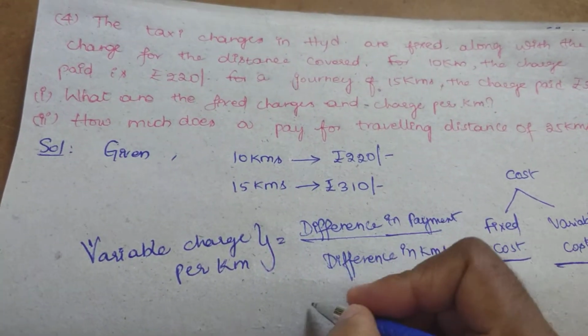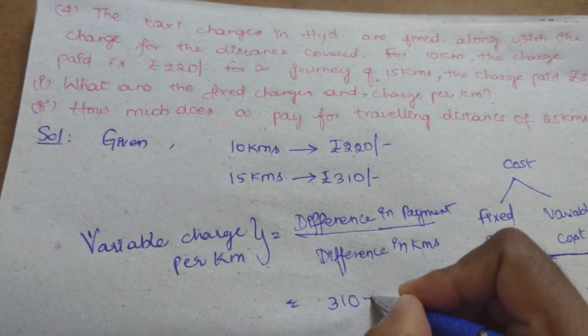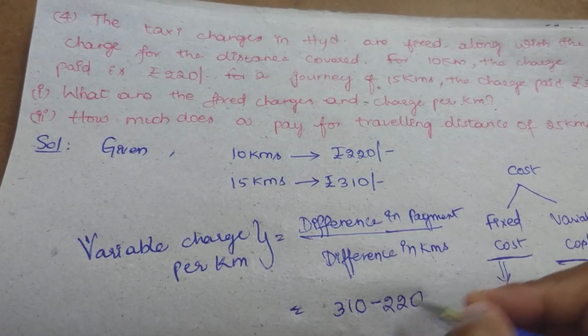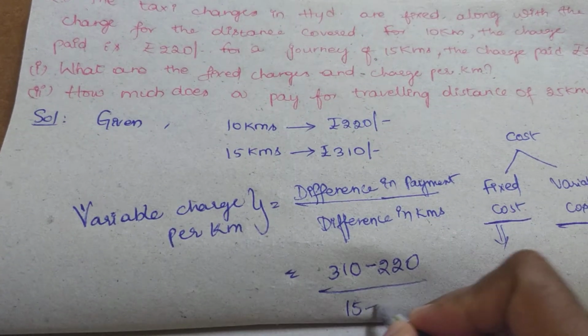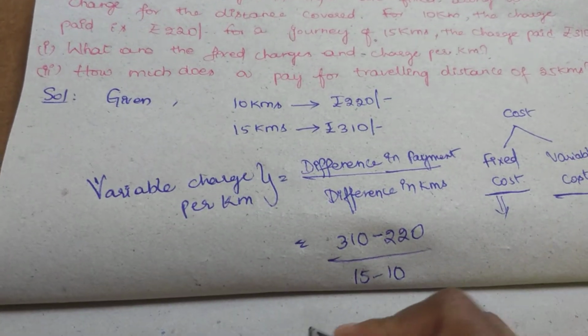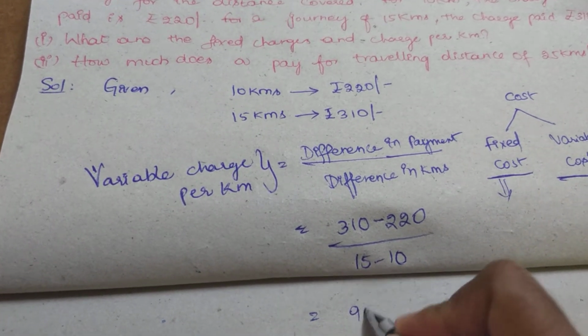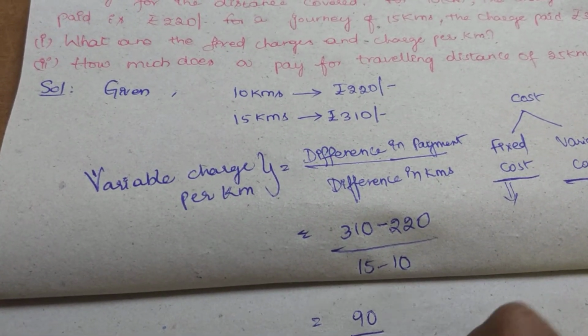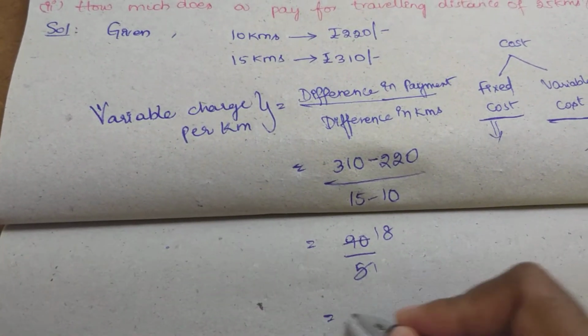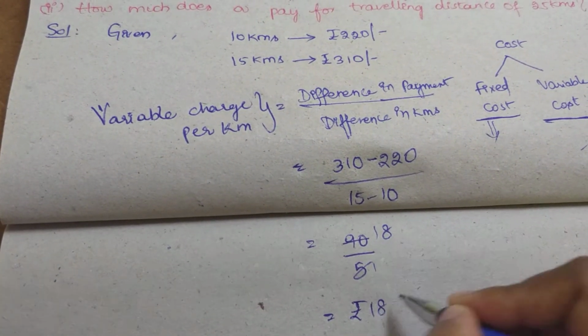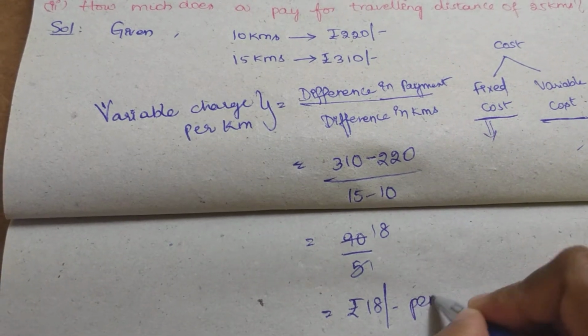What is the payment here? This can be written as 310 minus 220 divided by the kilometers, 15 minus 10. So 310 minus 220 becomes 90 by 5. 5 ones are 5, 5 eights are 40. So this becomes 18 rupees per kilometer.